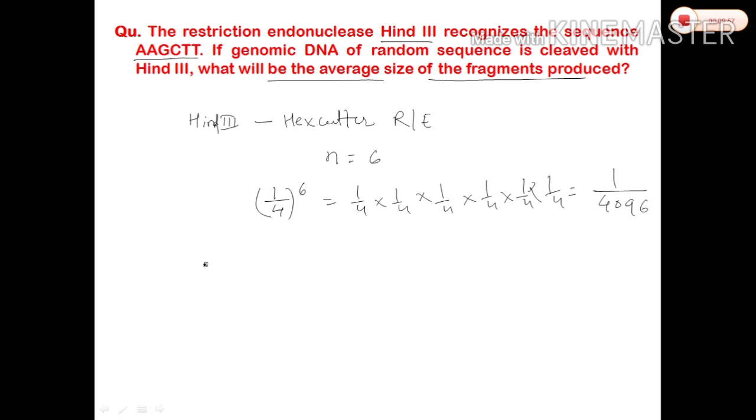It means one cut by this enzyme is made after 4096 base pairs. That means after approximately 4 kb, this enzyme will cut one restriction site in the entire genome, right? That means we will get a fragment of approximately 4 kb, right?